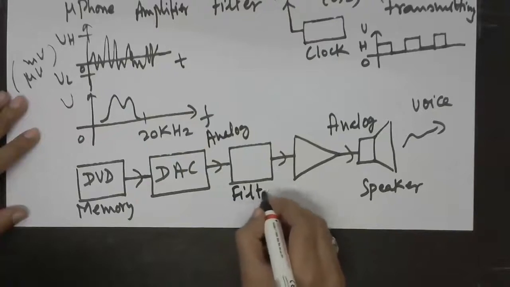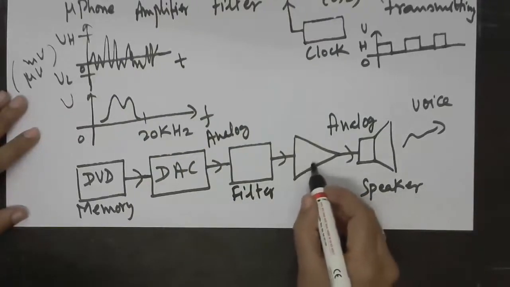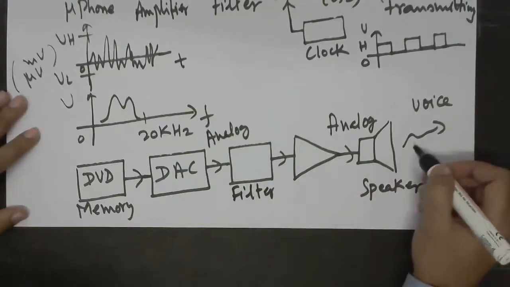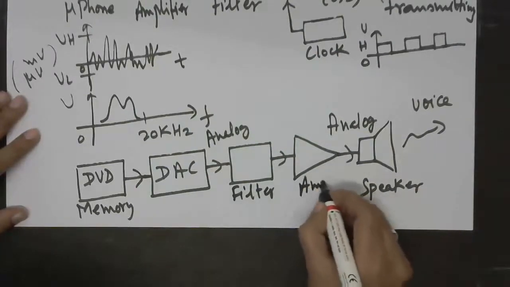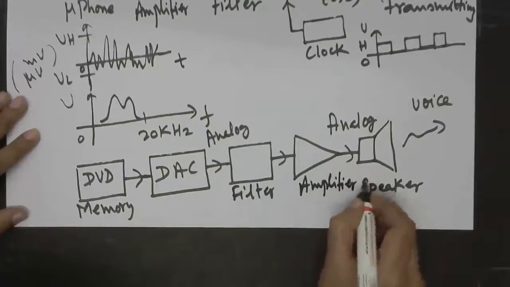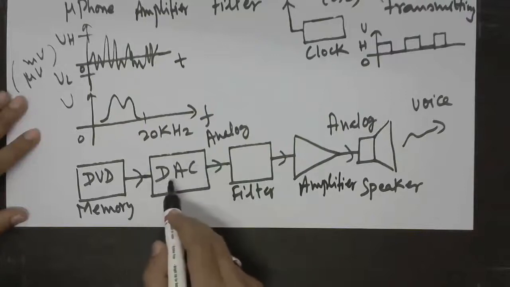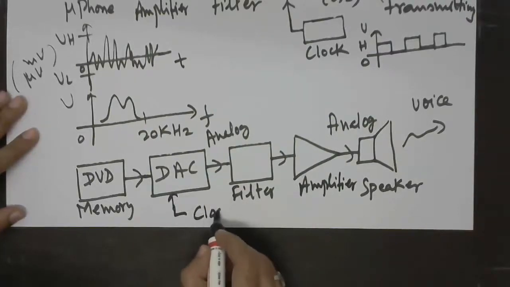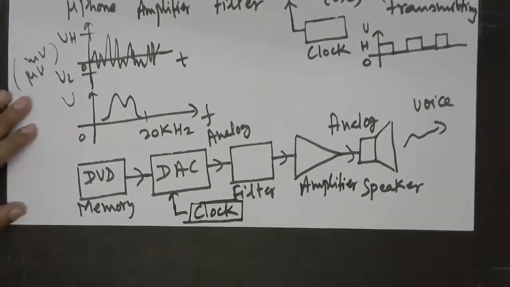So again we will have a circuit called filter, and then we have amplifier so that we can control the volume of the sound or voice that is produced by the speaker. And this block DAC, this also will take clock as one of the inputs.